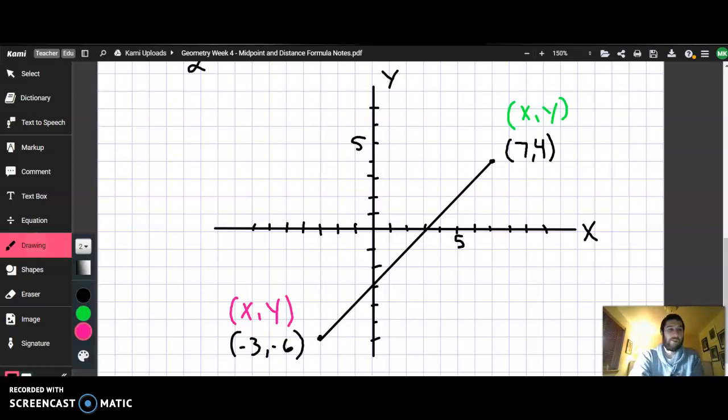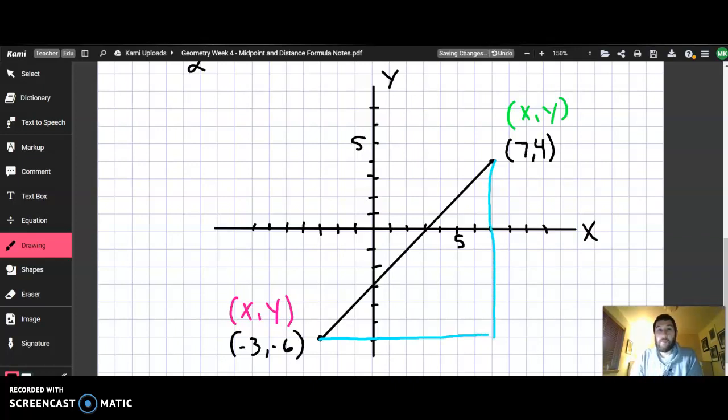And so to find the average, to find the true middle here, we're going to take advantage of the fact that we can count x separately from y. So we can find the middle of our x and the middle of our y, and then find the middle of our point.